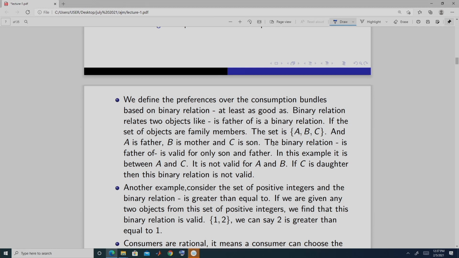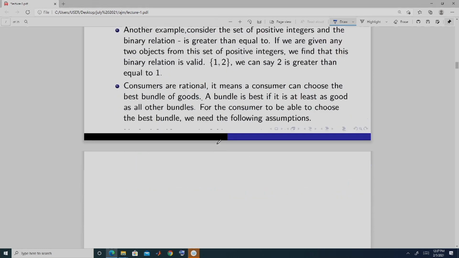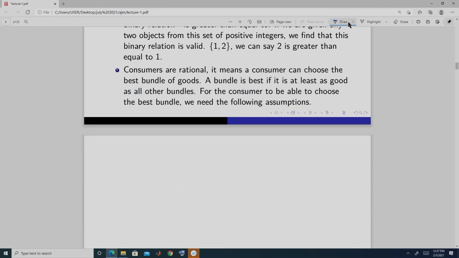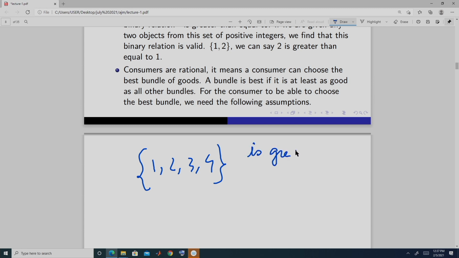Like if we take sets of positive integers, let us take one example: 1, 2, 3, 4, and suppose our binary relation is greater than or equal to.